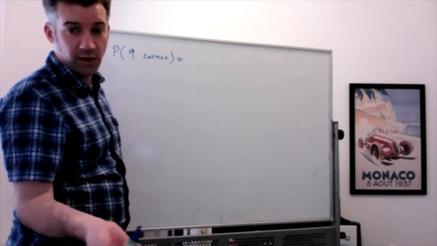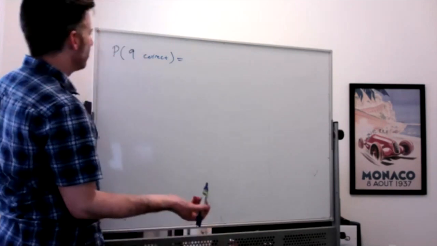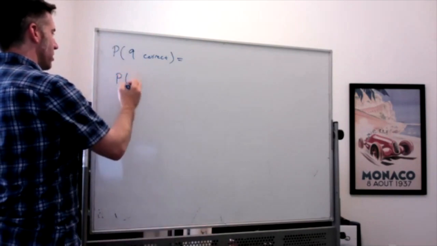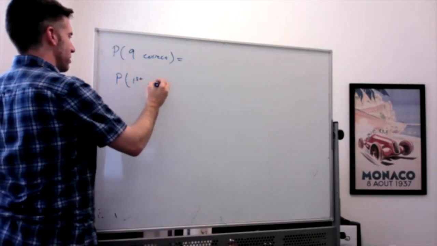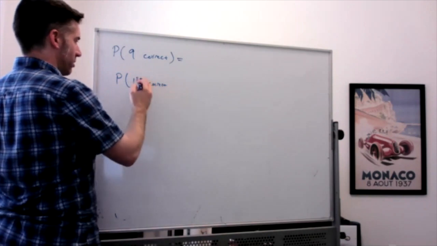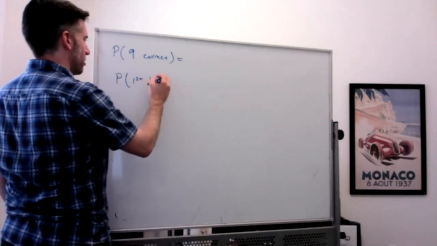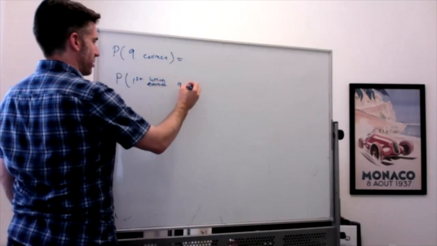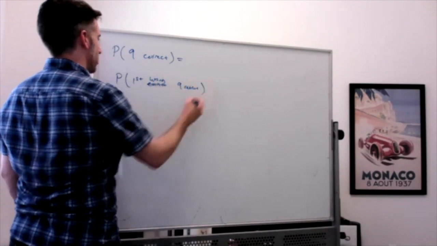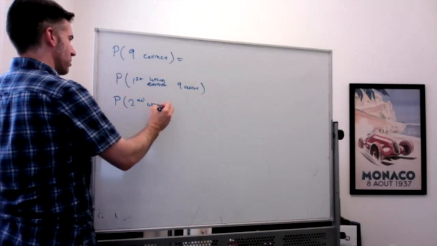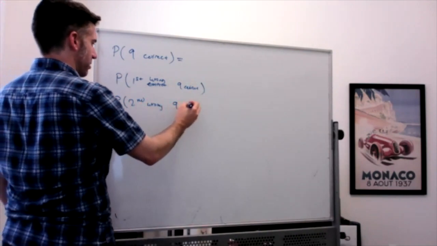So one way you could do it, I think you have to do it this way: you get the first one wrong and the other 9 correct, or you get the second one wrong and the other 9 correct.